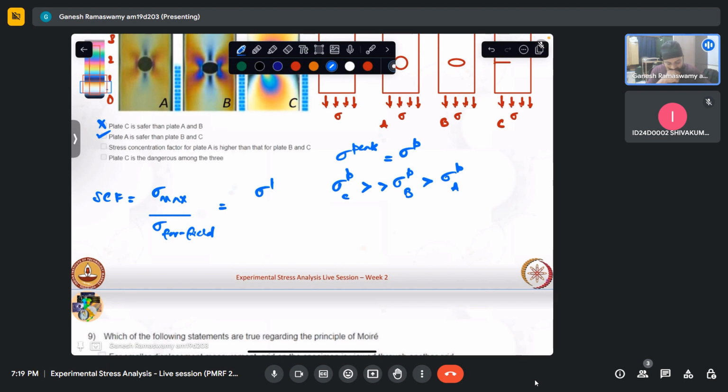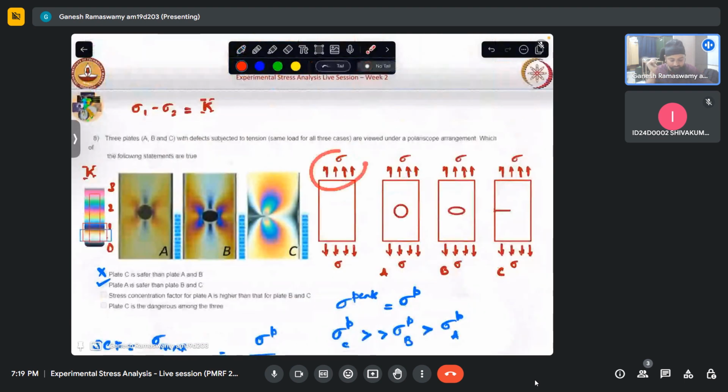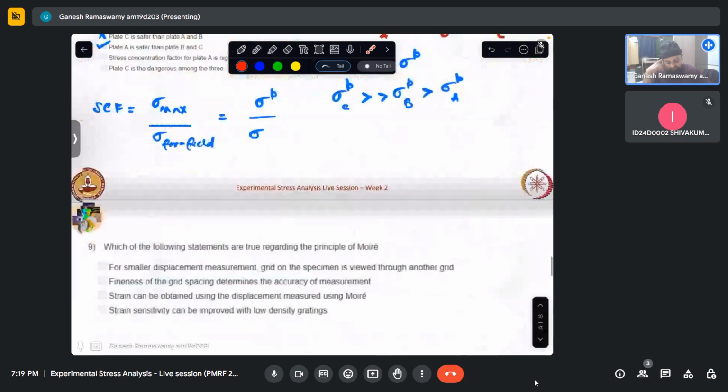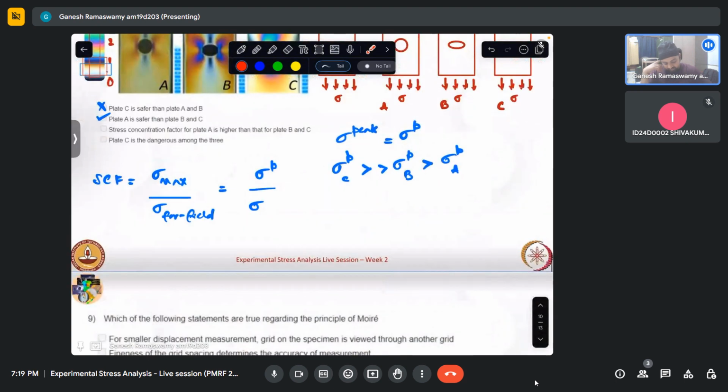That is whatever was intended at the far field, against what has developed near the discontinuities, the peak stress that has developed near the discontinuities. So in this case, this is the SCF. If we were to rank this, given that sigma is the same, the denominator is the same.